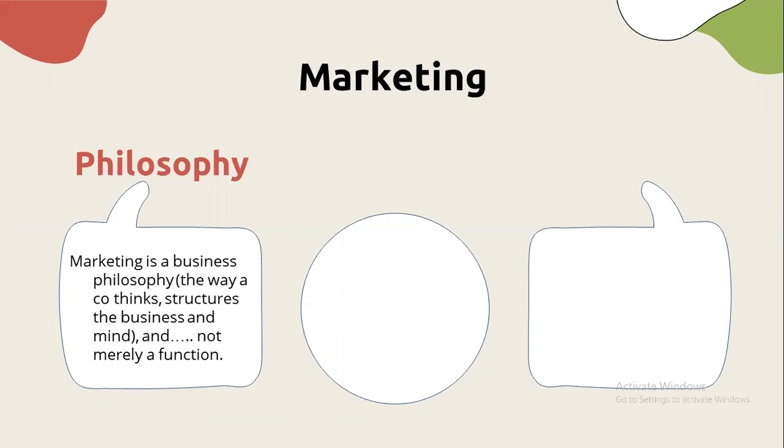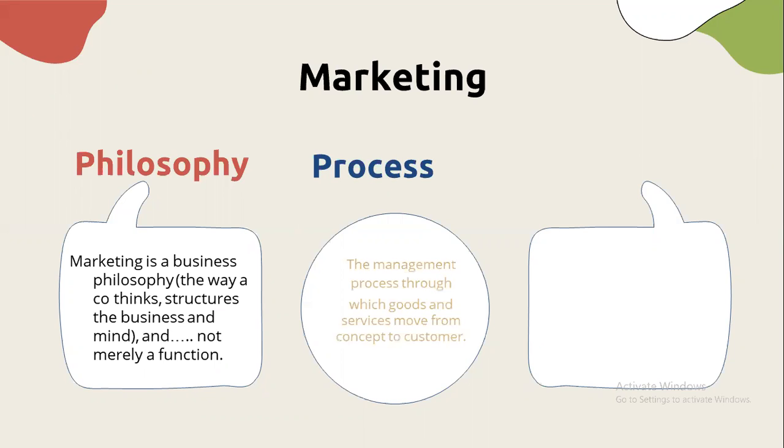So there has to be a philosophy when you are talking about marketing a particular product. The second key factor we are talking about is process. Here, the management process through which goods and services move from concept to customer. So this is an entire journey wherein your good or a product that you have produced needs to reach the customer.